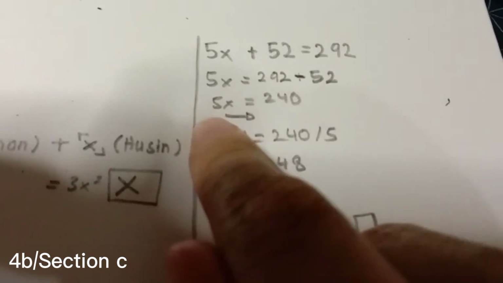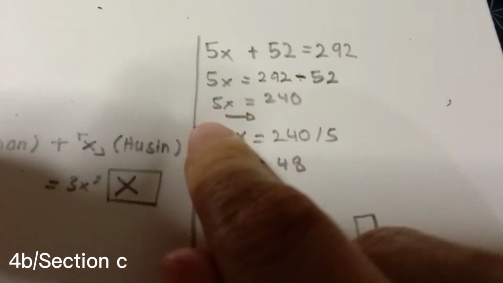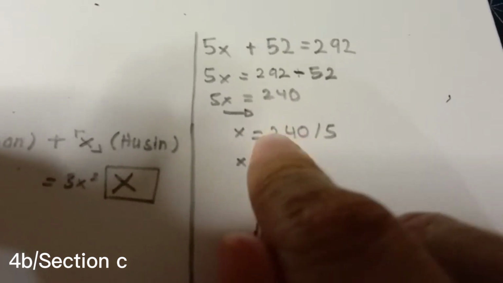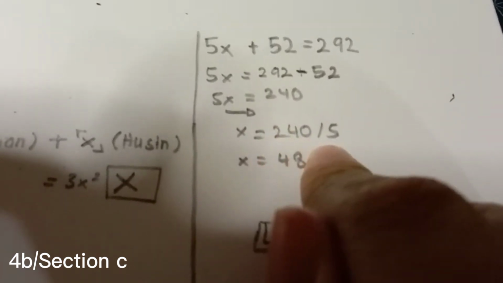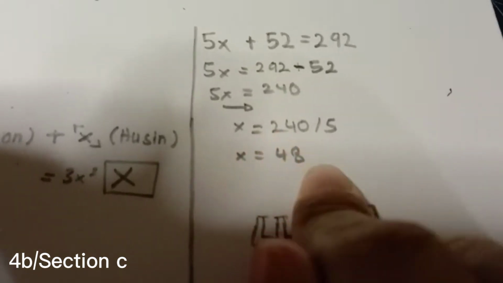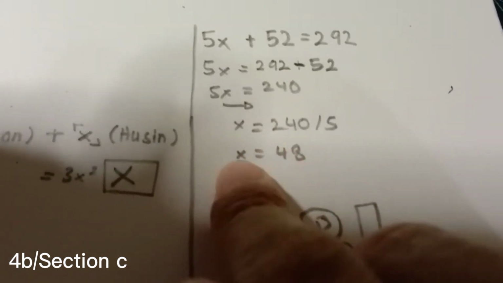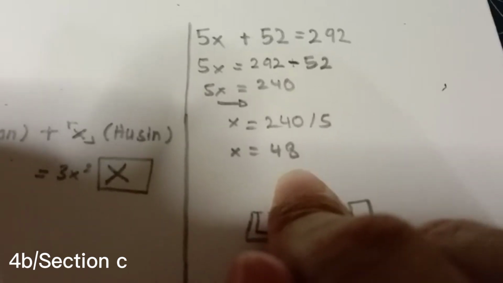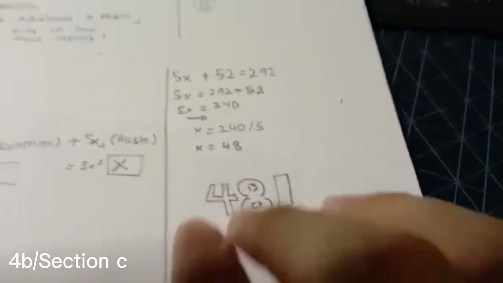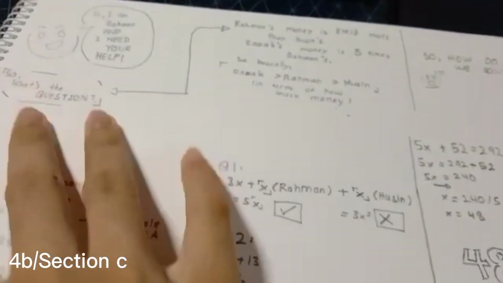So the 5, from being multiplication, changes into division. So 240 divided by 5, we get a grand total of 48. And that's the amount of money from Hussein. So the answer to all the questions on this full page is 48.